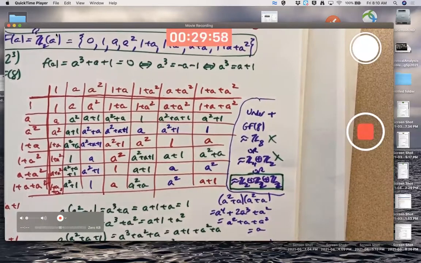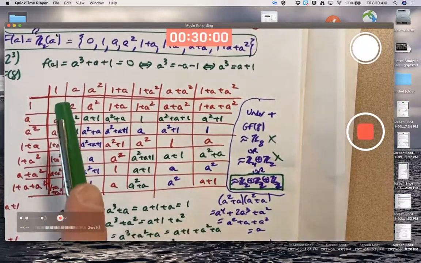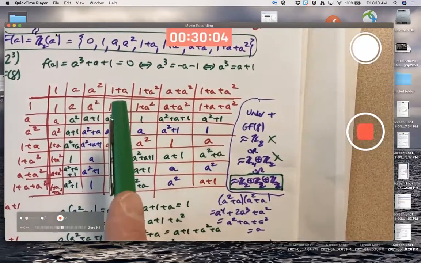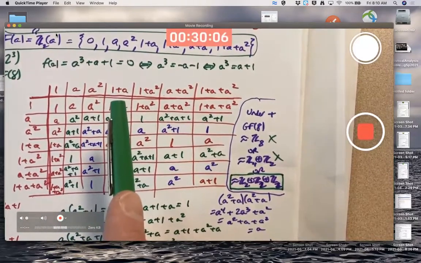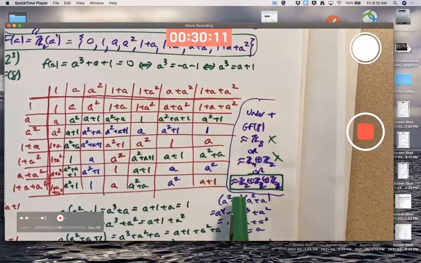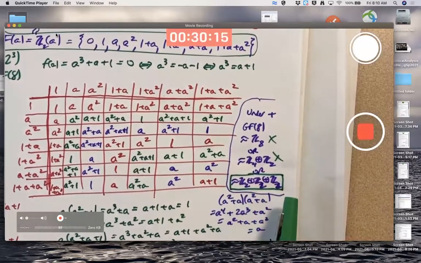Effectively, each power of a, a to the 0 power, a to the first power, and a squared, plays the role of, you might say, a coordinate of an ordered triple.